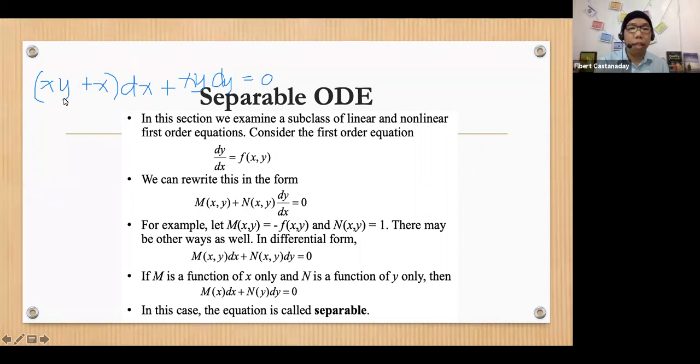So looking at each term of the equation, you have the coefficient of dx, which is x times y plus x. If you can make this into a factored form, that is the hint that I can separate the variables. Our second term is already in product form, right, x times y.